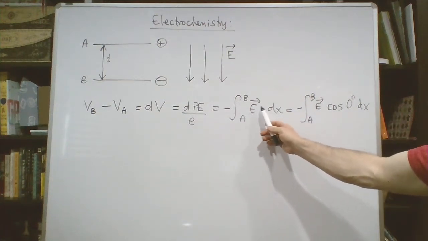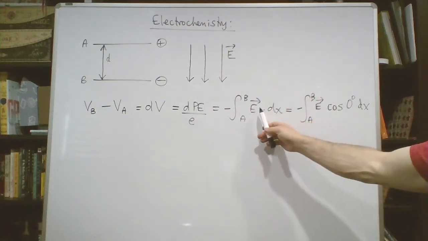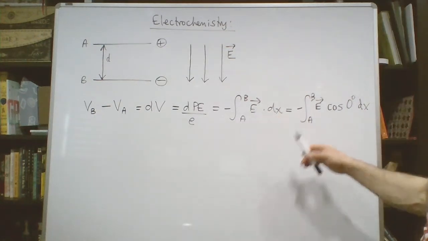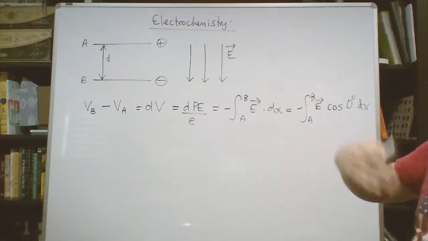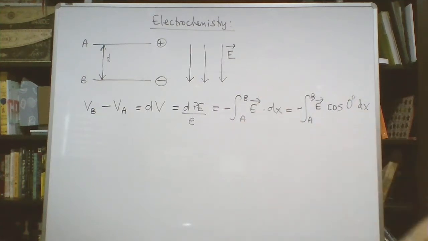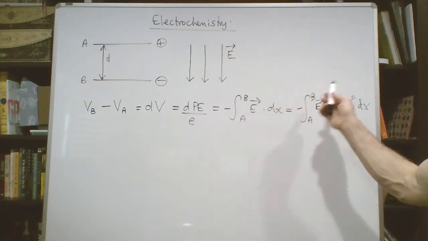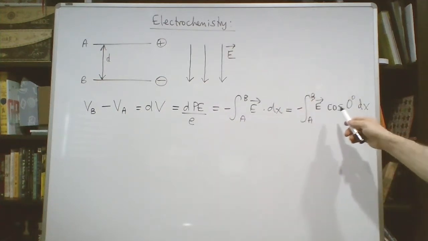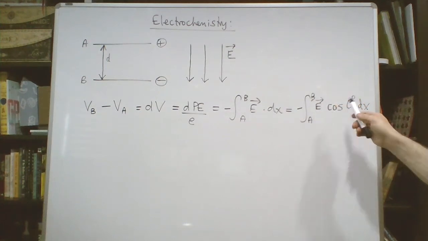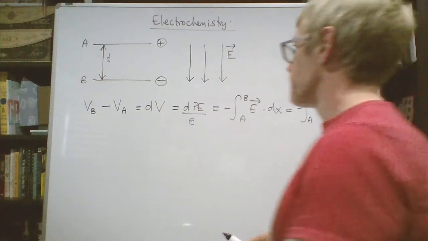So the del dot is just, sorry, not the del dot, that's divergence. The E dot, the dot tells us we have an angle. So by definition, dot is cosine of the angle. So we've got E vector field cos 0 degrees dx.